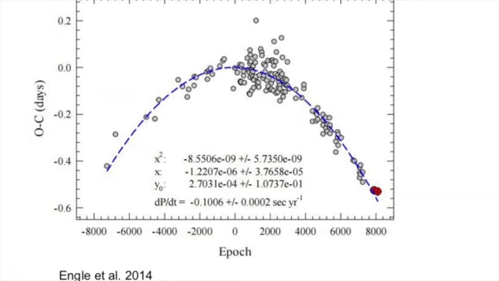This is a modern version of the O-C diagram for Delta Cephei. So the observed minus the calculated time of maximum light, assuming a constant period, plotted against epoch number, the number of cycles, taken from a recent paper by Engle et al. And it does, in fact, turn over. It's not a straight line, and that means the period is changing.